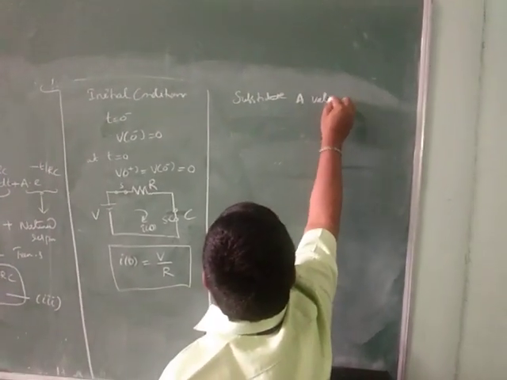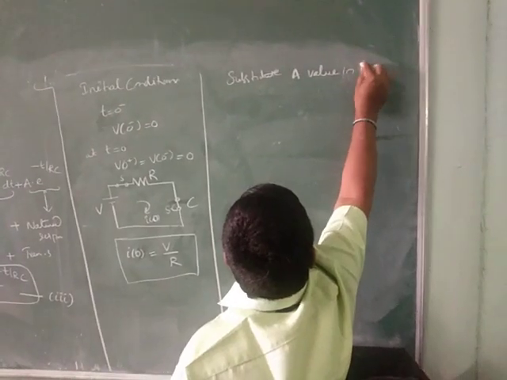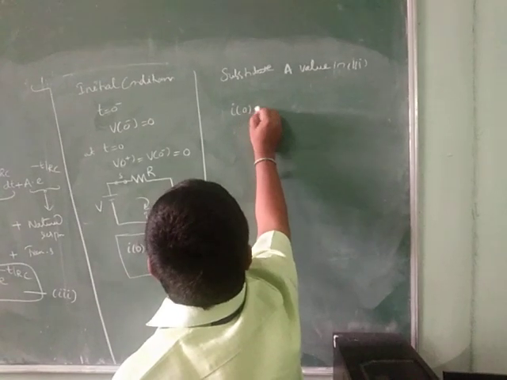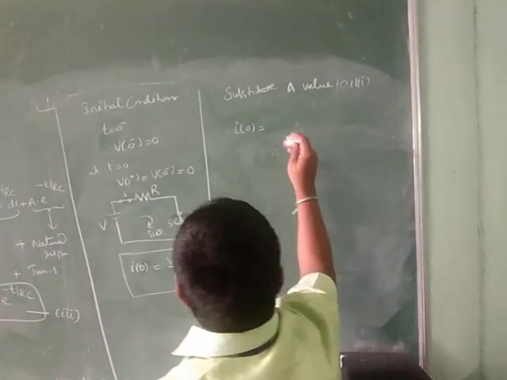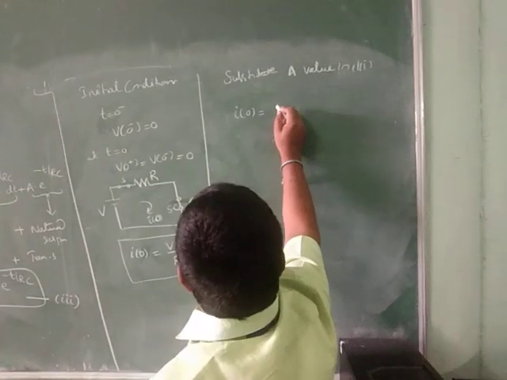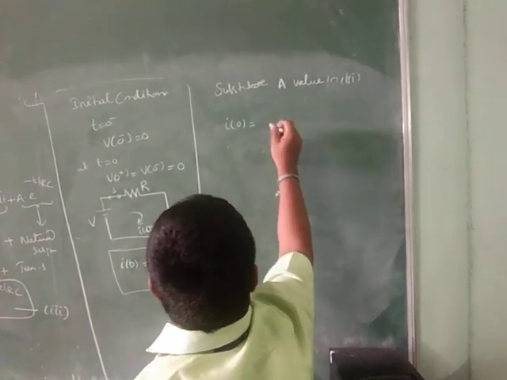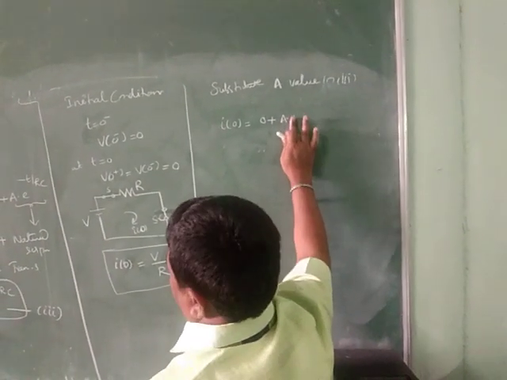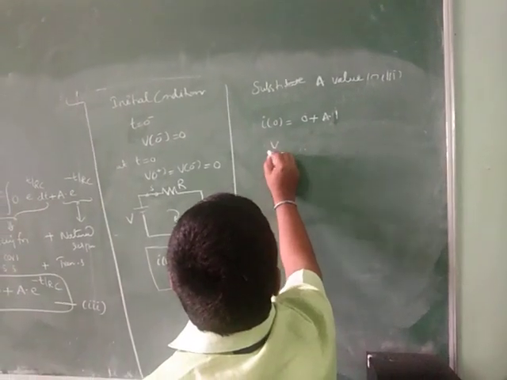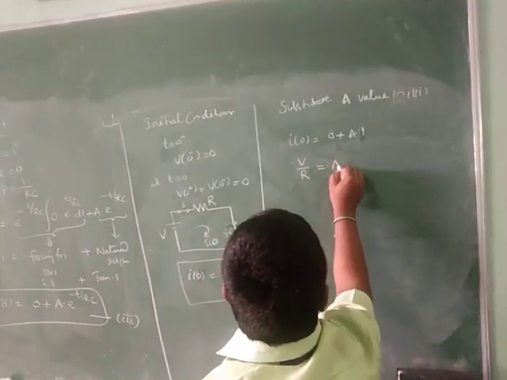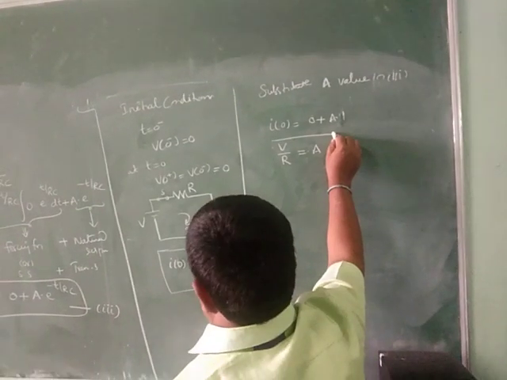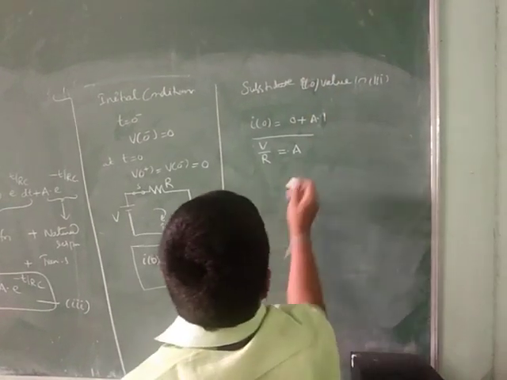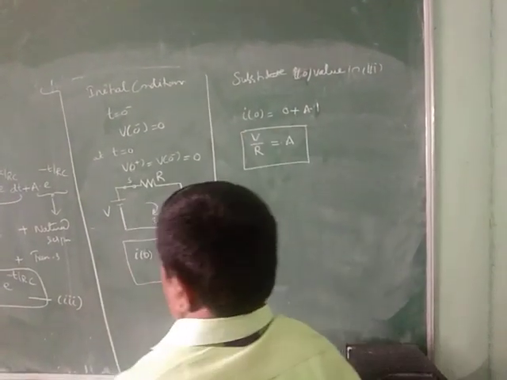Then I of 0 is equal to 0 plus A into 1. So this value, V by R, is equal to A. Now the value of A is equal to V by R.